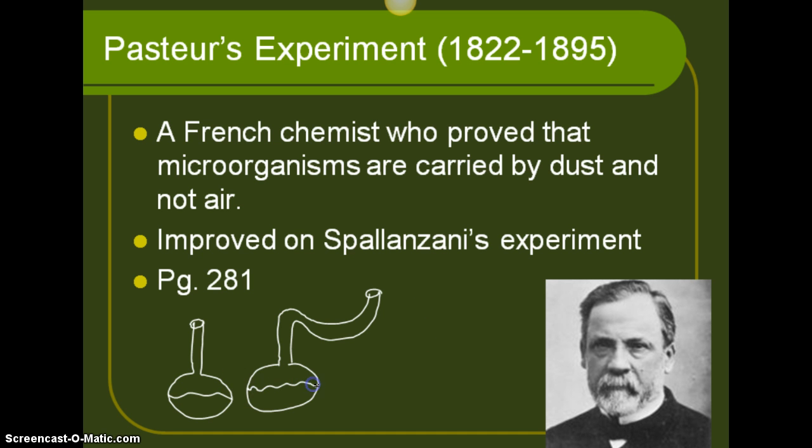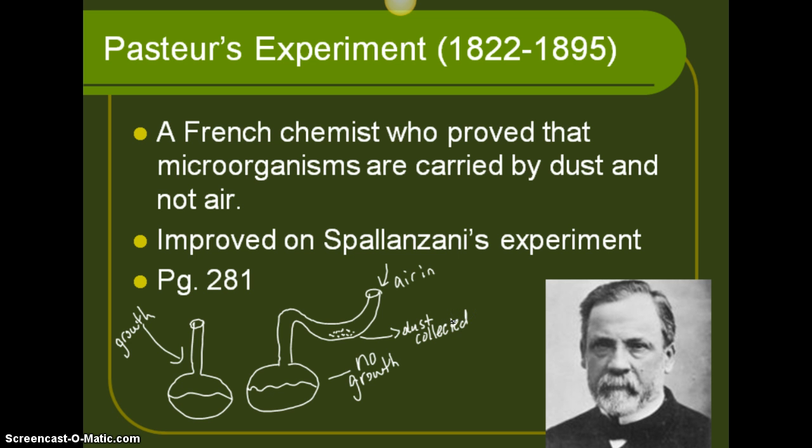So this one that had the curved flask, what he noticed is, in this one, things grew, right? From that last experiment, we noticed that. In this one, he actually found that there was no growth. And so the purpose of this curved flask was air could get in, but right here, in this curved spot, the dust collected.